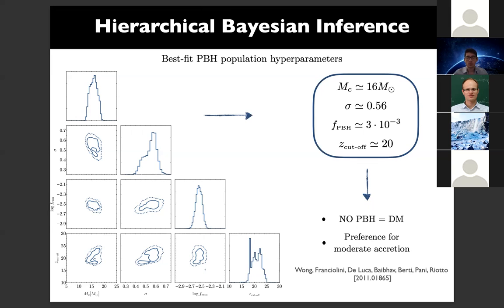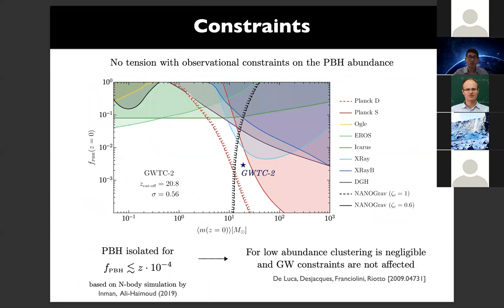Now, once we have found this best fit population, we want to see if it is allowed by present observational constraints, and then deduce the main properties of this population. So we are now going to see if this population is basically allowed or ruled out by the present constraints.